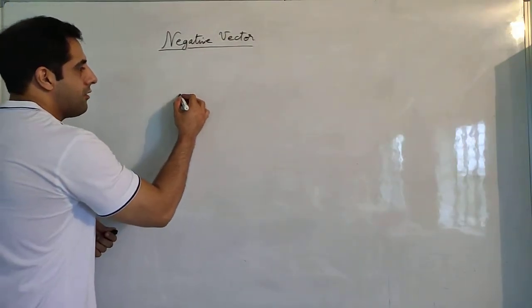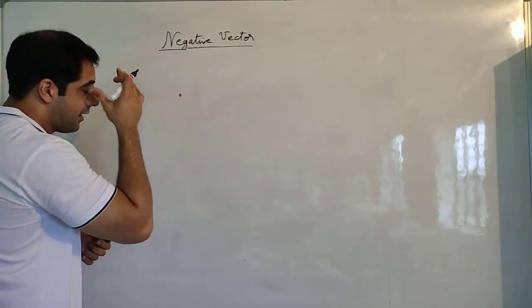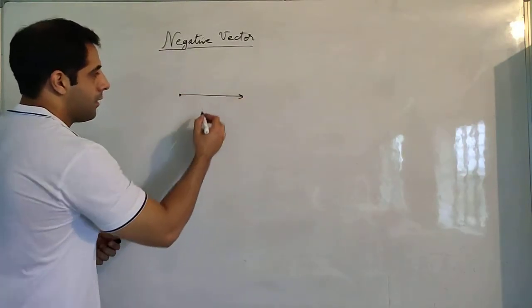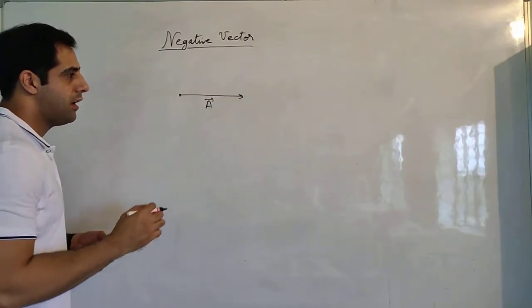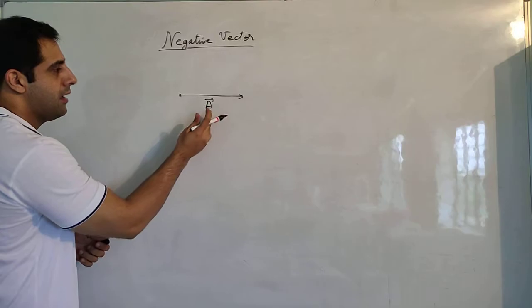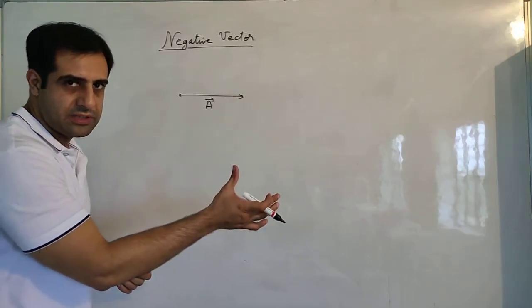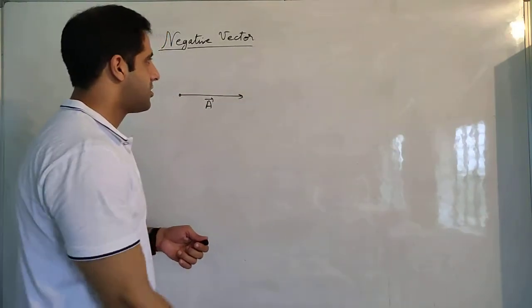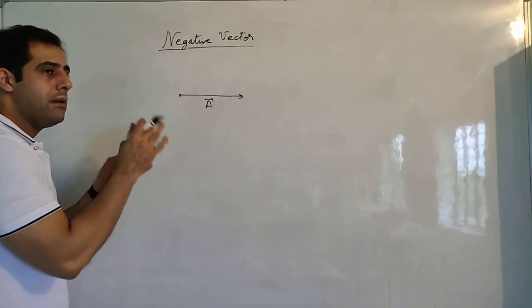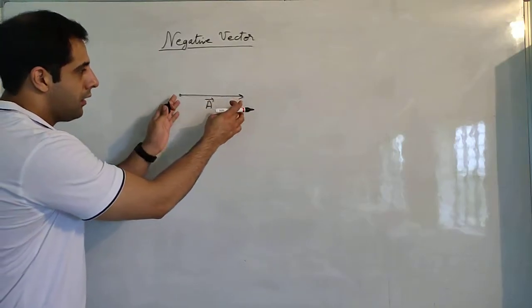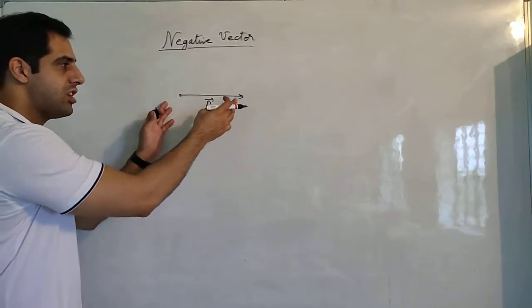So let us say there was a vector A. It starts from here and goes in this direction. It will have some magnitude, some size, and it has a direction. Now the negative vector of A will be simply the reverse of this. The direction is reversed.